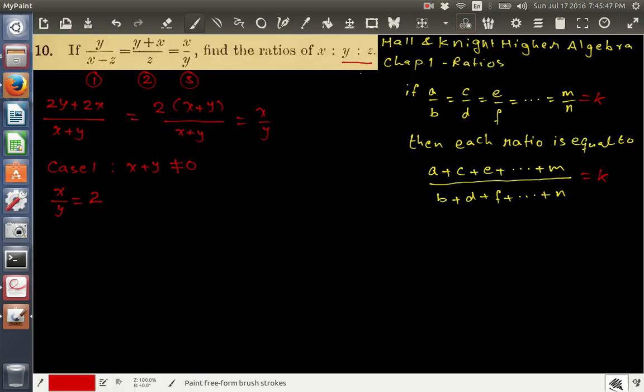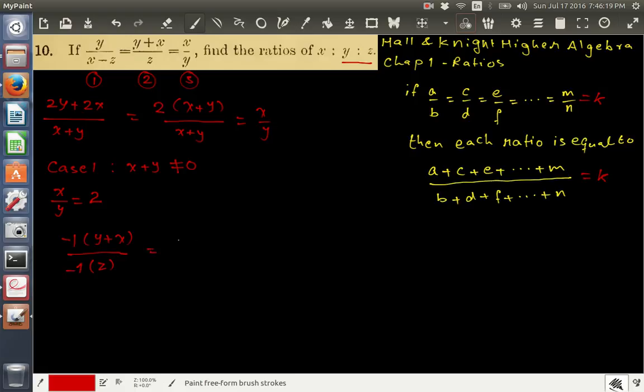So for finding y is to z, let us take ratio number 2, and we multiply the ratio number 2 by minus 1 in the numerator and the denominator. So what you get is, if you multiply ratio 2 with minus 1 in the numerator, you get minus 1 times y plus x over minus 1 times z.